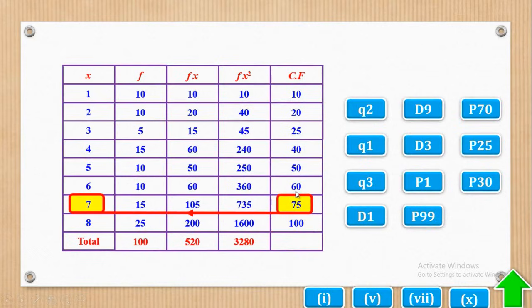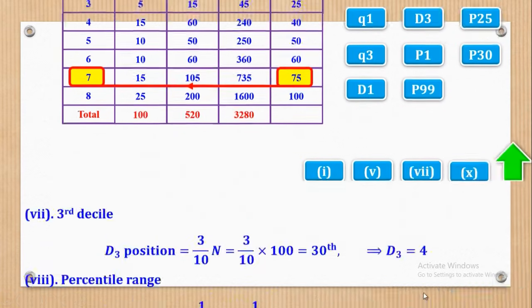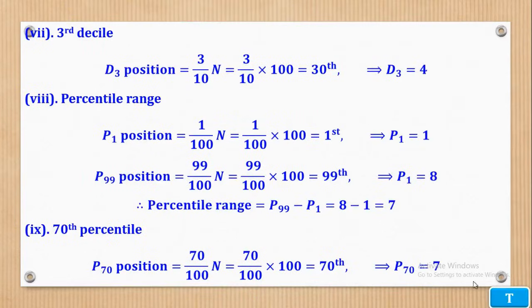And 70 is enclosed in 75 because before this you have 60, which is smaller than 70, and the corresponding value of x is 7. Therefore the value is 7. That is why you see P70 as 7.